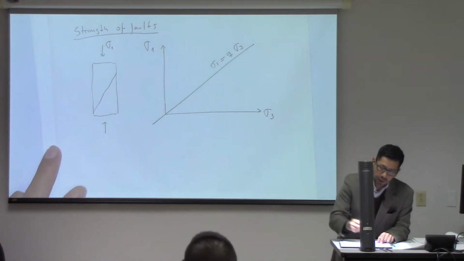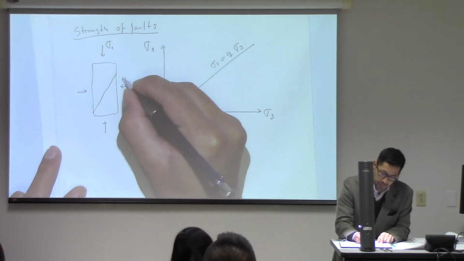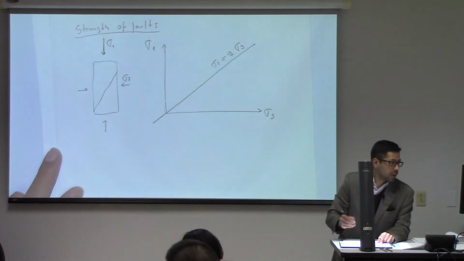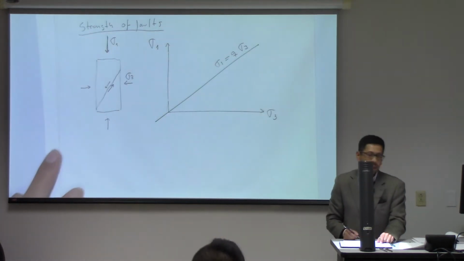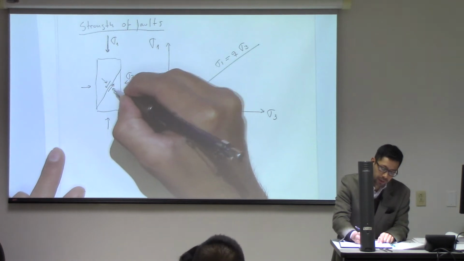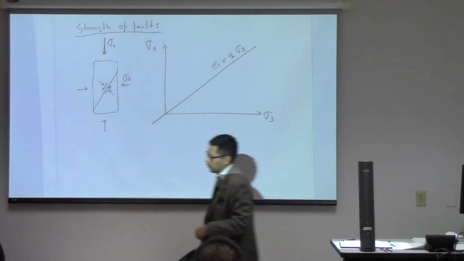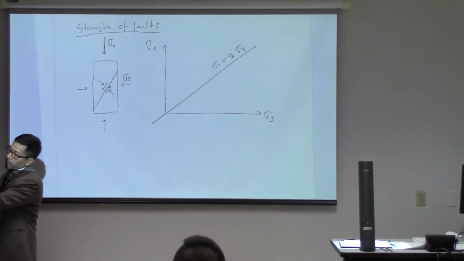And notice that when I add now a stress in the other direction, this fault is going to be able to resist some shear stress, because now there is a normal stress on that plane. It's the same thing, you know, if I get this and I get it close to this and I drop it, it's going to fall.